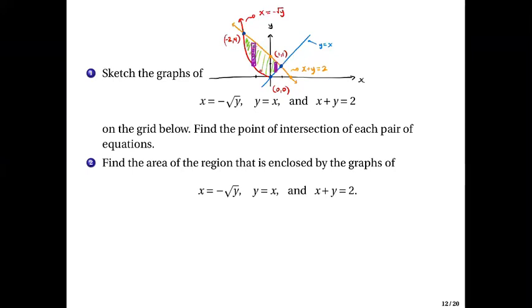But when you go to this part, the right function is the blue line, and then the left function is the parabola, which means you will also need to divide that into two parts.